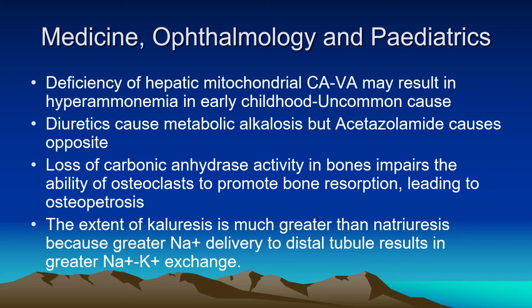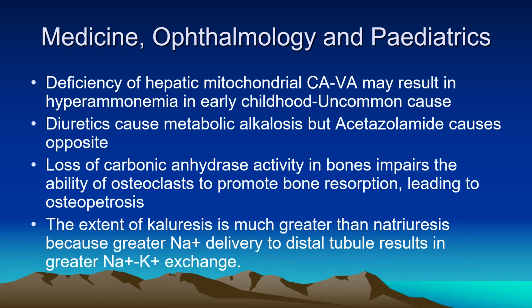Similarly, we may also remember that loss of carbonic anhydrase activity in bones impairs the ability of osteoclasts to promote bone resorption, and this may lead to osteopetrosis. So, carbonic anhydrase may be involved in metabolic bone disease.